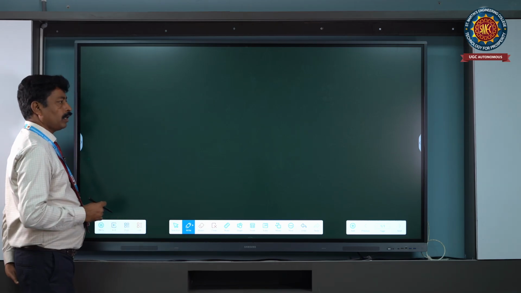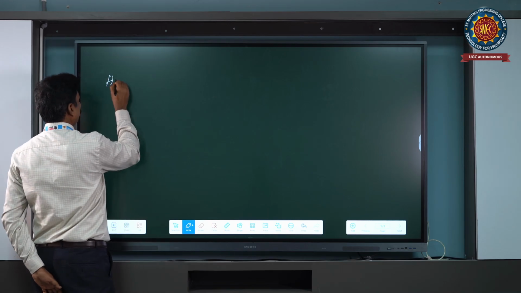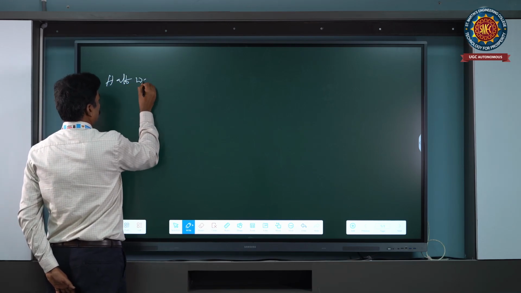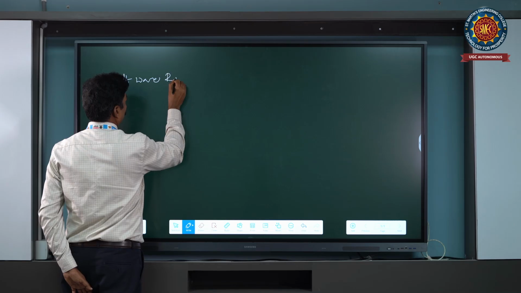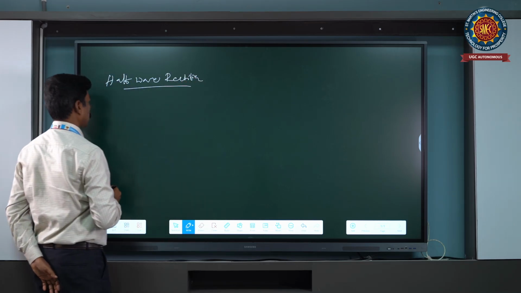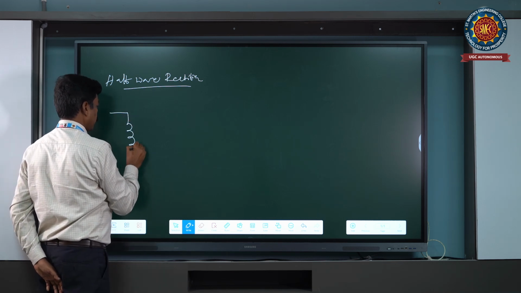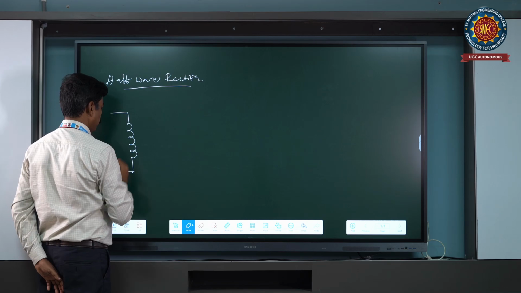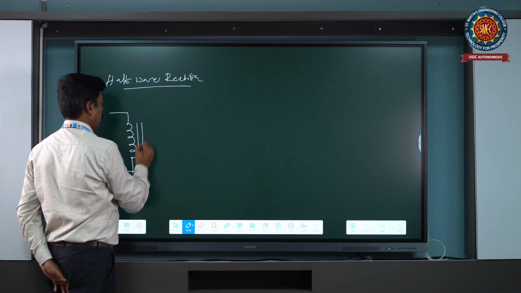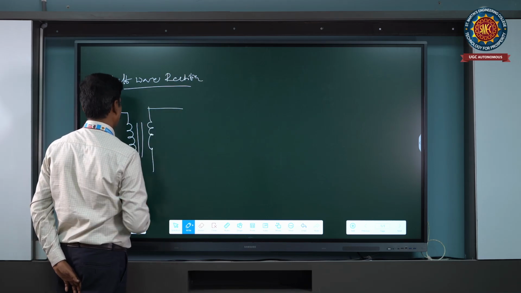Okay, first of all, I will discuss the rectifier. The rectifier is very important in the circuit diagram. It mainly uses a step down transformer. I can draw the simple transformer symbol.